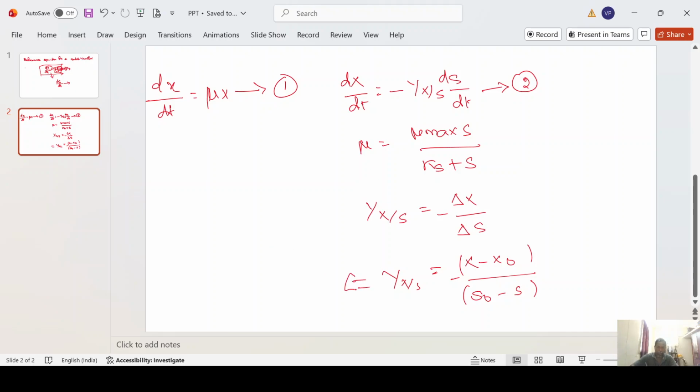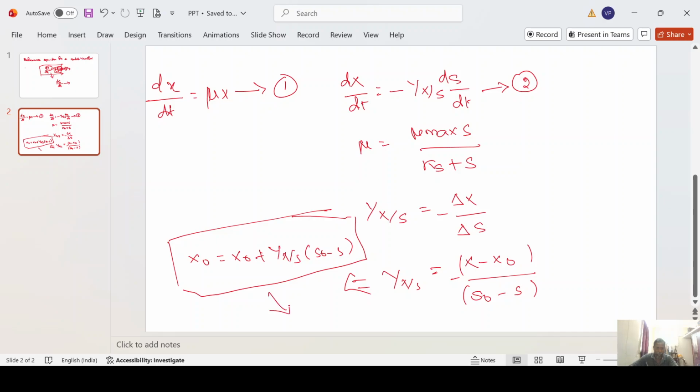That is, x is equal to x naught plus yx by s of s naught minus s. So this is the model for the biomass. Let us take this as equation 3.